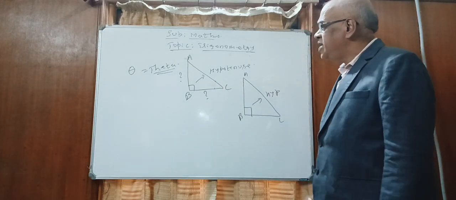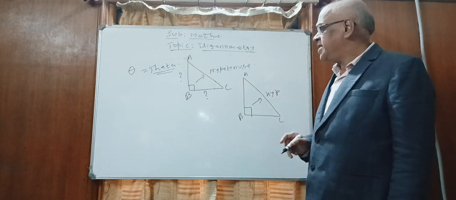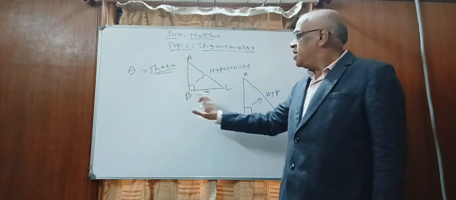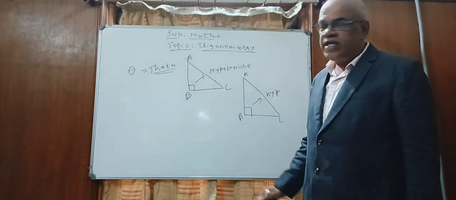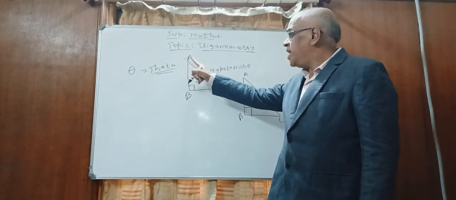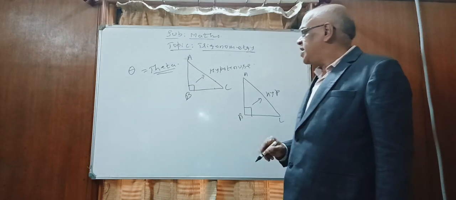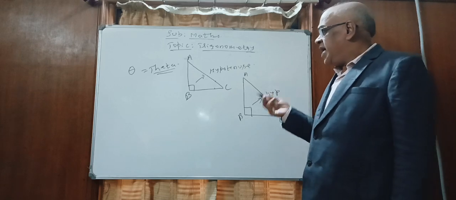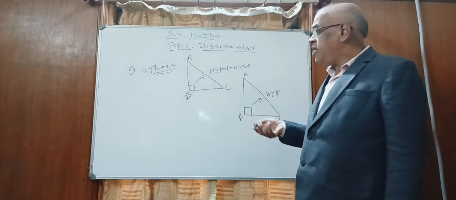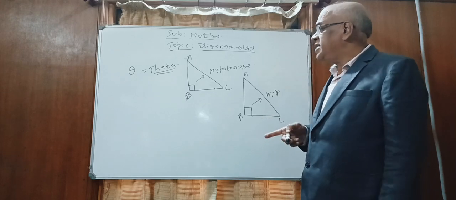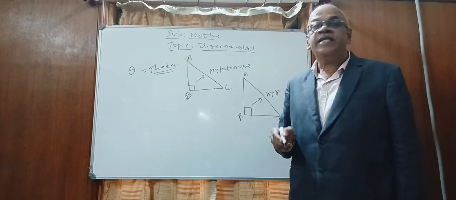What are the other two sides? Opposite side and adjacent side. Now, AB and BC will start fighting. Angle A says I am theta, angle C says I am theta. Who is the opposite side and who is the adjacent side is decided by angle theta.